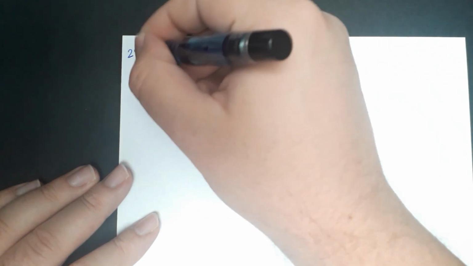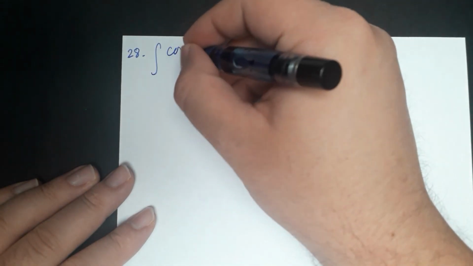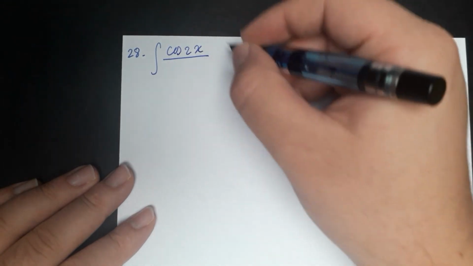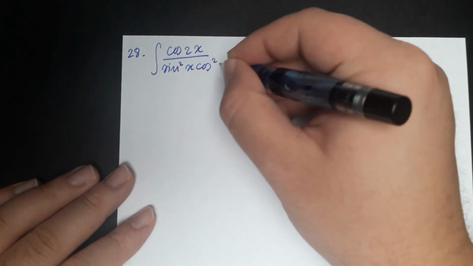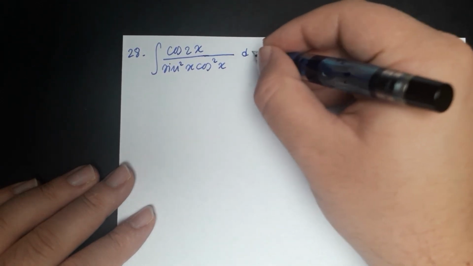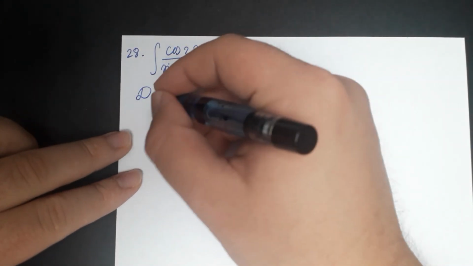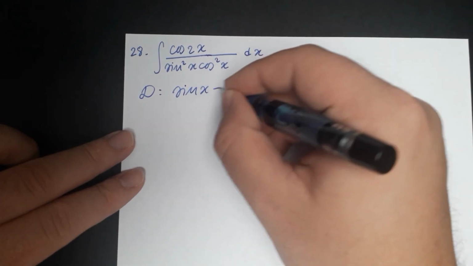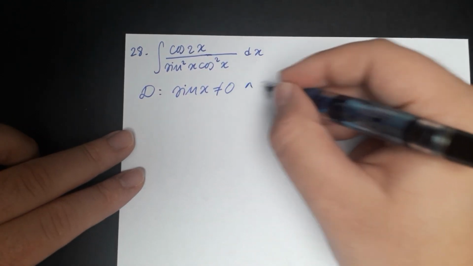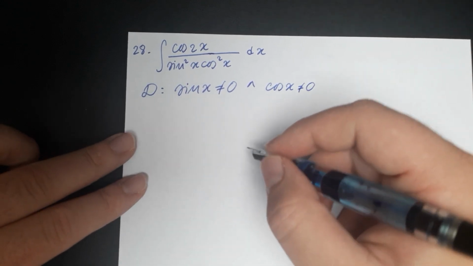Problem number 28 on our list is the integral of cosine 2x divided by sine squared of x times cosine squared of x dx. Now, the area in which this integral is defined is for all x for which sine of x is different than 0, and cosine of x also has to be different than 0.